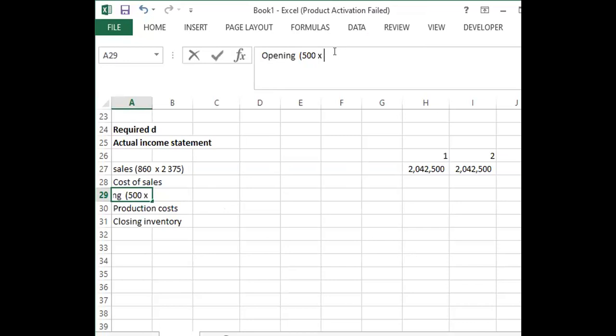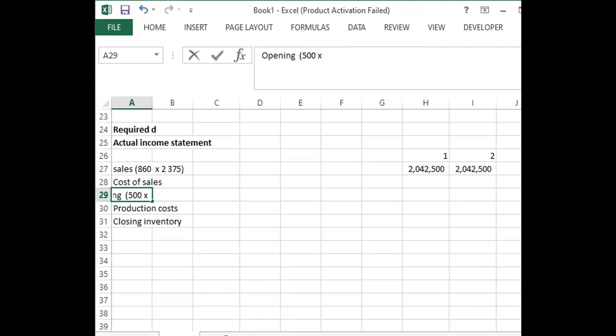Then we're using the absorption method, so we want to multiply that 500 units times all the production costs, which is the variable and fixed, because we are using absorption costing.